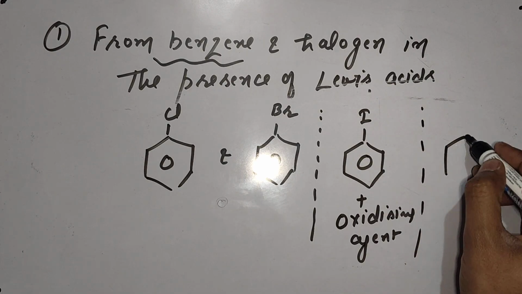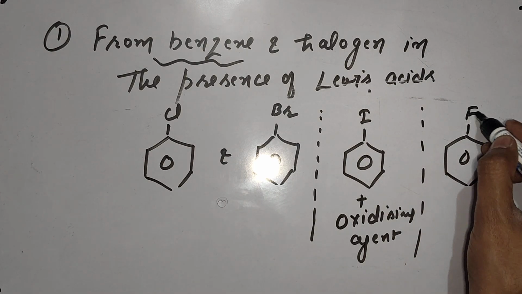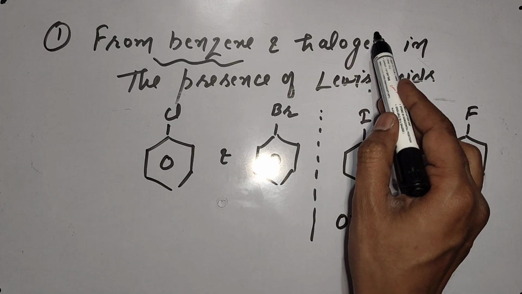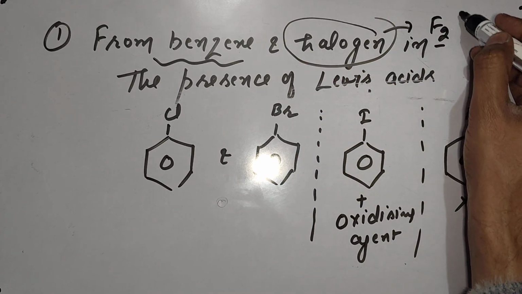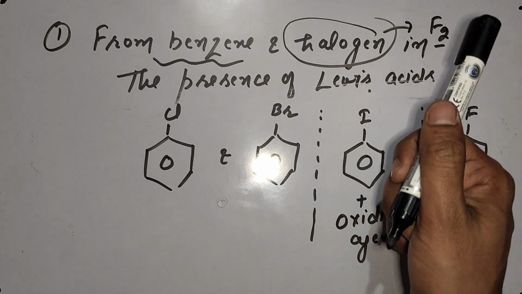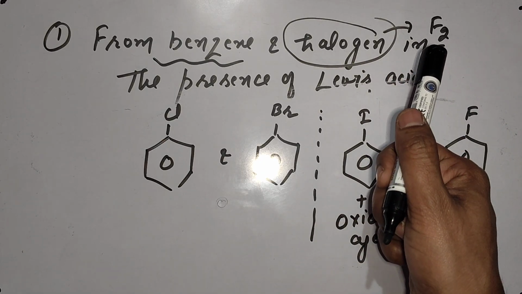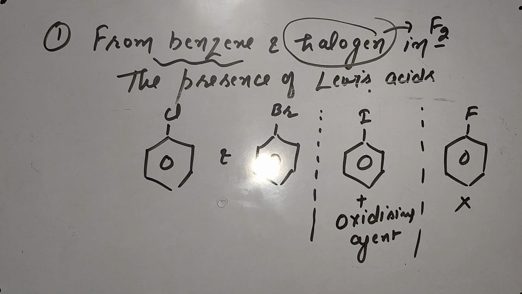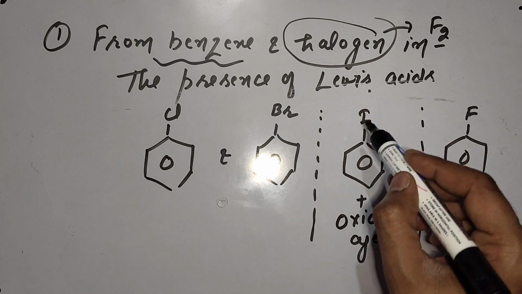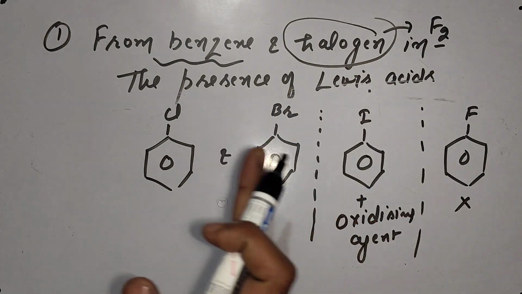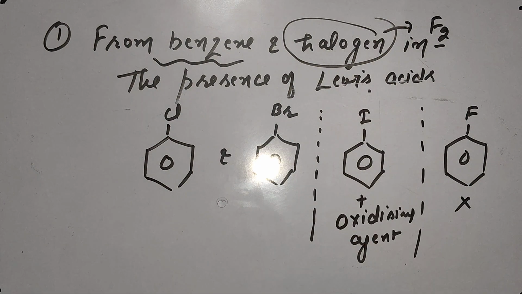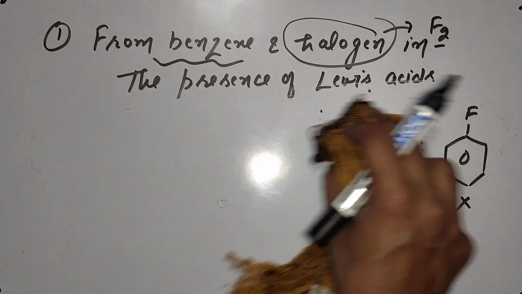And fluorobenzene preparation is not possible with this method because we need halogens. Direct use of fluorine is not possible because reactions are highly uncontrollable. And with iodine, we always need an oxidizing agent. The reason we have already discussed. In this video also we will discuss it again. Now let's understand the whole preparation method.